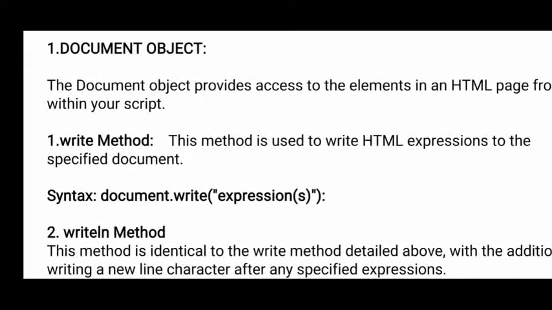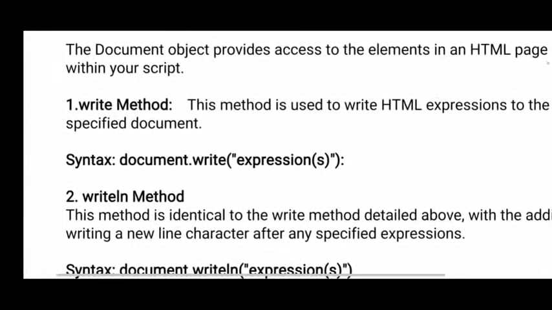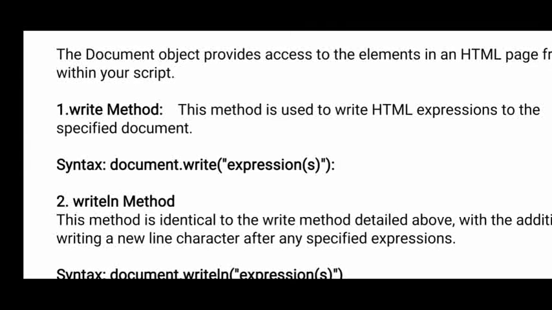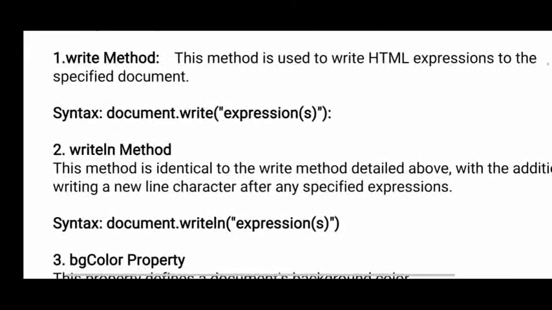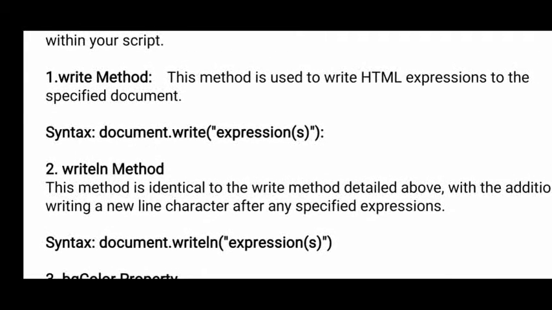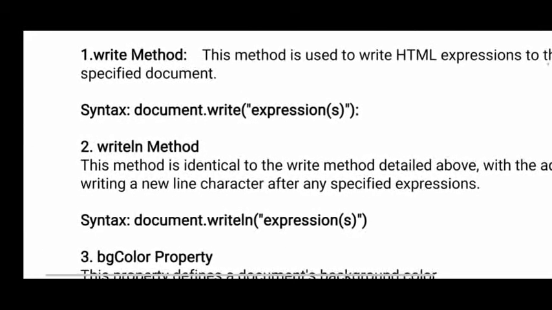Now here you see the document object. The document object provides access to the elements in an HTML page, because your HTML page itself is called a document. So whatever information is there in the HTML document is called the properties of HTML. First, if you want to write anything on the browser window, then we'll use the write method. This method is used to write an HTML expression to the specified document.